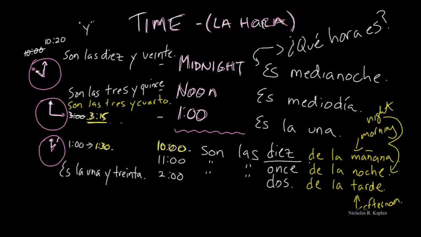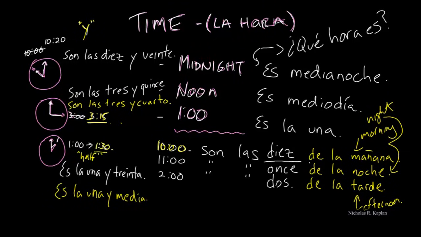And instead of saying just 1:30, we could say that it's a half past 1, which would be es la 1:30. Both are acceptable and both work. It's whatever you feel most comfortable using. So that's how we use y, or and.